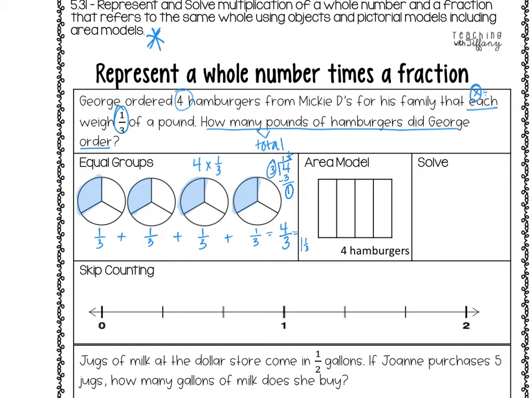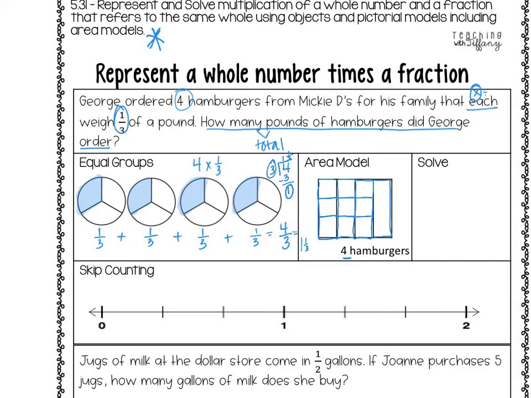Okay, now we're going to represent this as an area model. We know that George had 4 hamburgers. So here's 1 hamburger, 2 hamburgers, 3 hamburgers, 4 hamburgers. And each hamburger weighs 1/3 of a pound. So that means this hamburger needs to be in thirds. This hamburger needs to be in thirds.